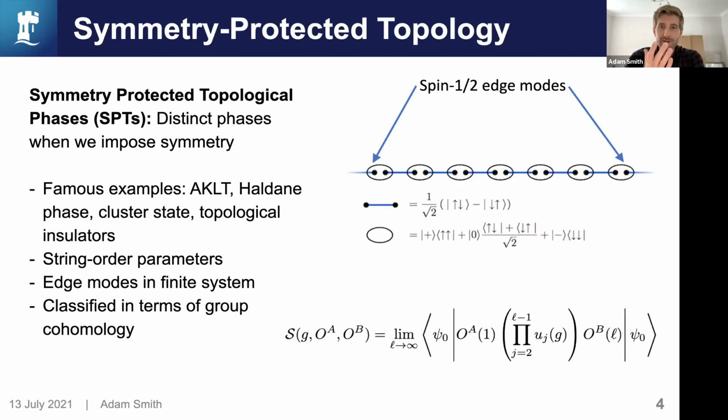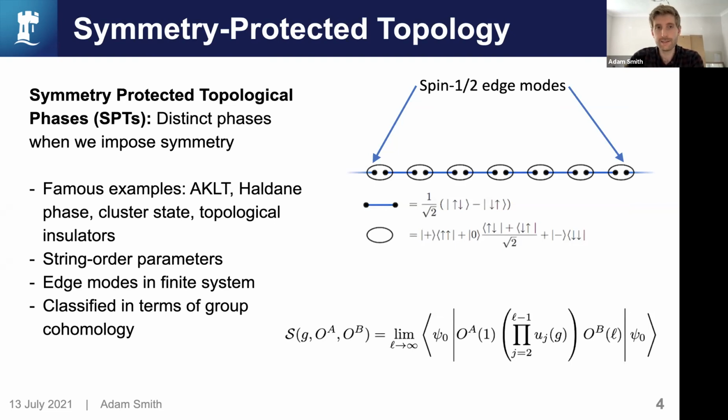So as you will have heard, I think several times over the last couple of weeks, topology comes in many flavors in many body physics, and I'm going to be focusing on one of these, which is symmetry protected topological order.